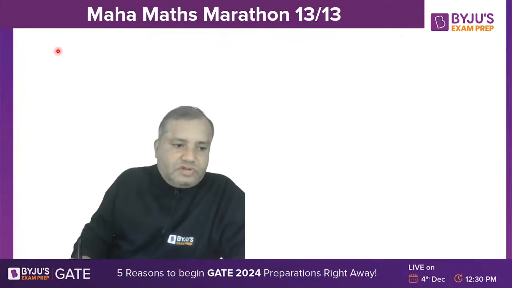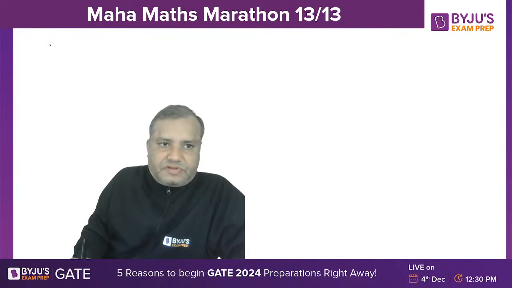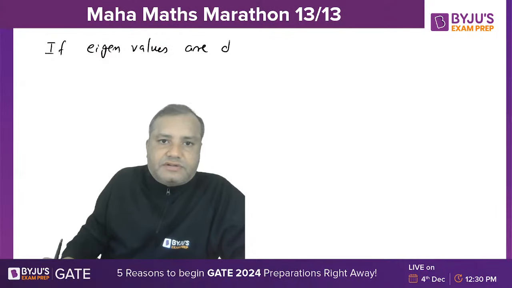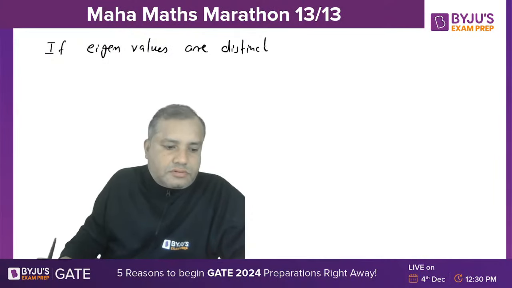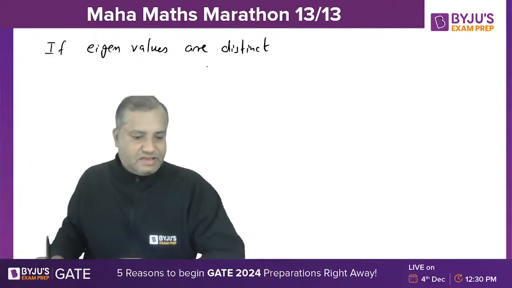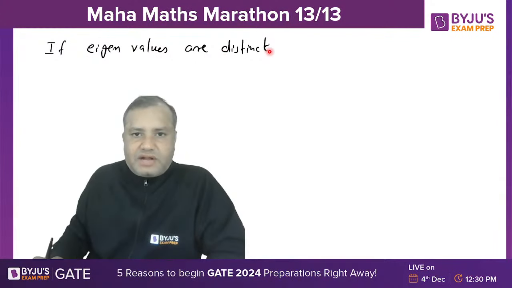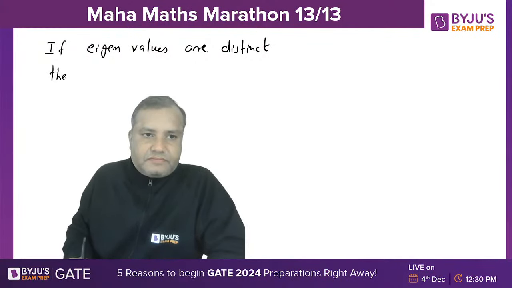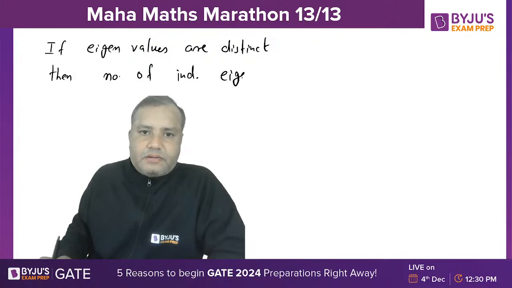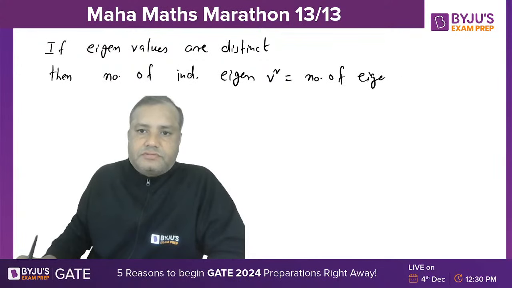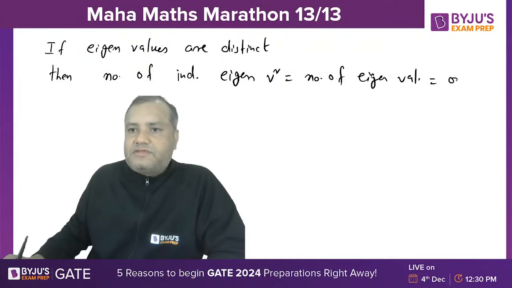Here, for a square matrix, if eigenvalues are distinct, then number of independent eigenvectors equal to number of eigenvalues, and that is equal to order of matrix A.